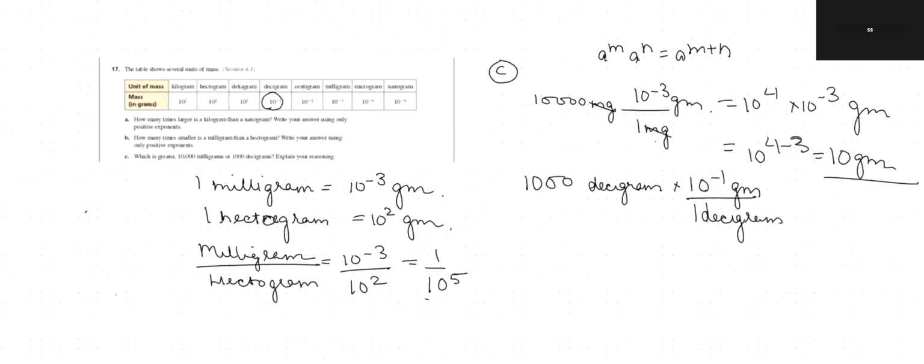If we cancel here, decigram cancels. This is 10 raised to power 3 times 10 raised to power minus 1, which gives 10 raised to power 2, which is 100 grams. So which one is bigger, 10 grams or 100 grams?